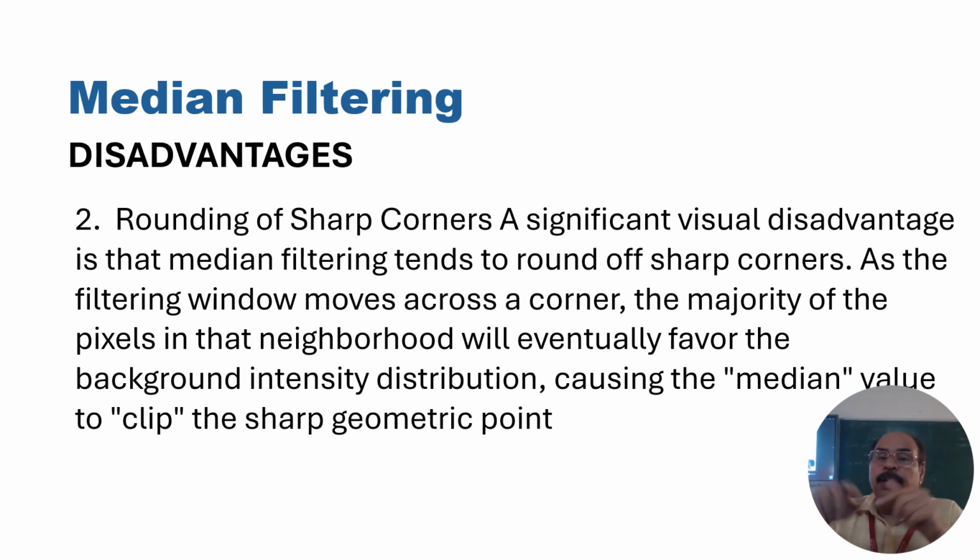I showed you an image in the previous slides where we have multi-stage median filters. So the basic disadvantage is that at each stage you get some rounding up of sharp edges or corners.